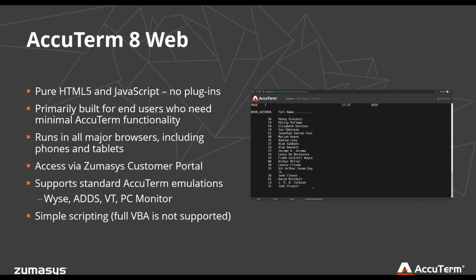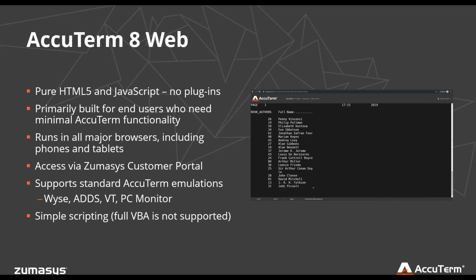So AccuTerm, from the original Windows version, even the DOS version, had some form of a scripting language so you could automate certain processes. That was a real challenge to do with the web version. But we do have a limited version of VBA scripting running in AccuTerm Web.